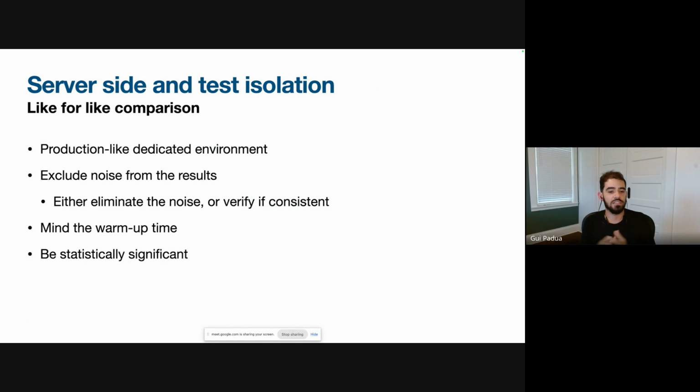And be statistically significant, again, it's just collecting more data to have enough. There could be some small noise that, if you have a longer run test, could be ignored. You might want to investigate more why it happened, but in the grand scheme of things, it might not be a big deal.